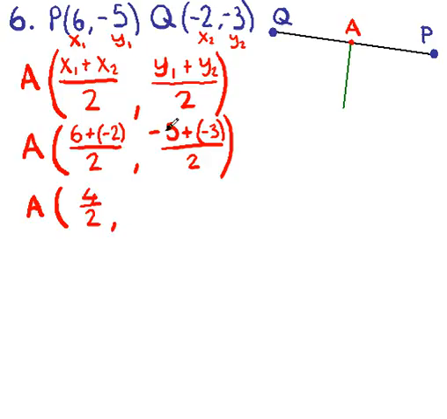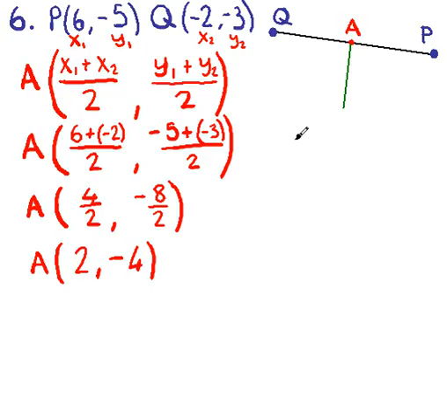And minus 5 plus minus 3 is minus 8 over 2. Simplifying again, 4 divided by 2 is 2, and minus 8 divided by 2 is minus 4. So the midpoint of our line is (2, -4).